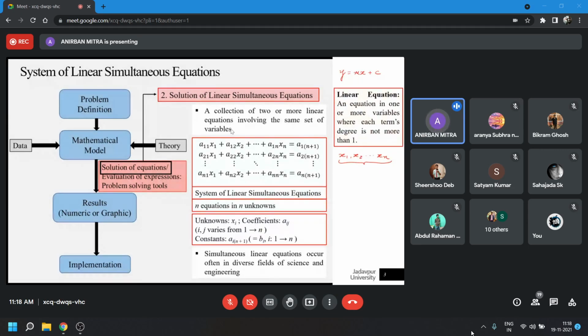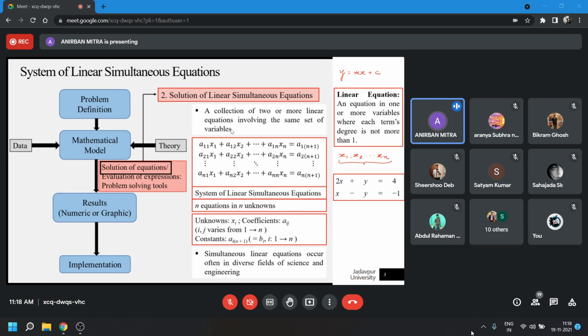So you can quite easily apply the techniques that will be discussed in today's class in solving those equations, or that set of equations, and find out the regression coefficients. So that is one practical example or practical application of the system of linear simultaneous equations and its solution technique.